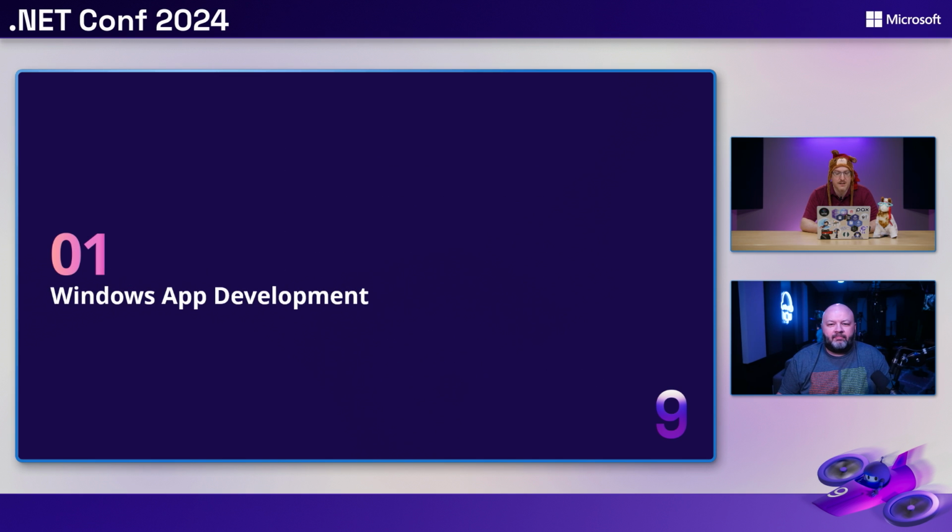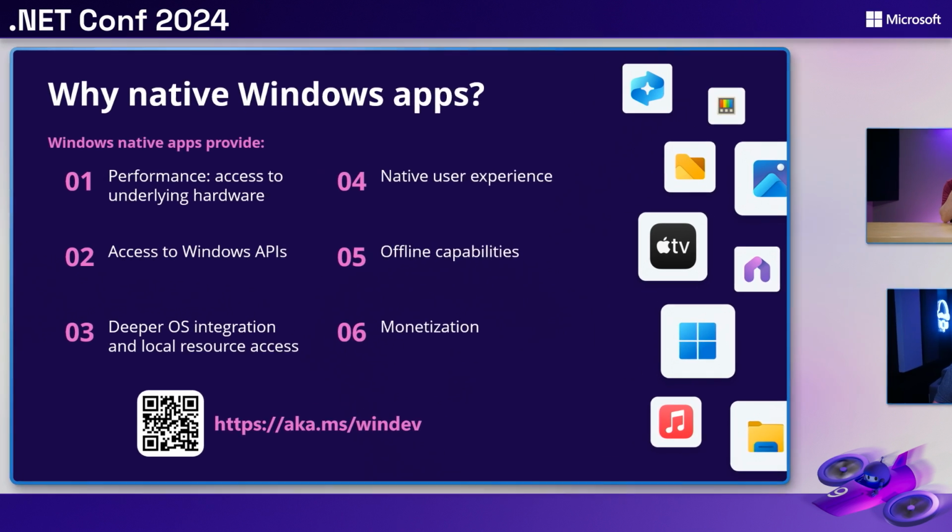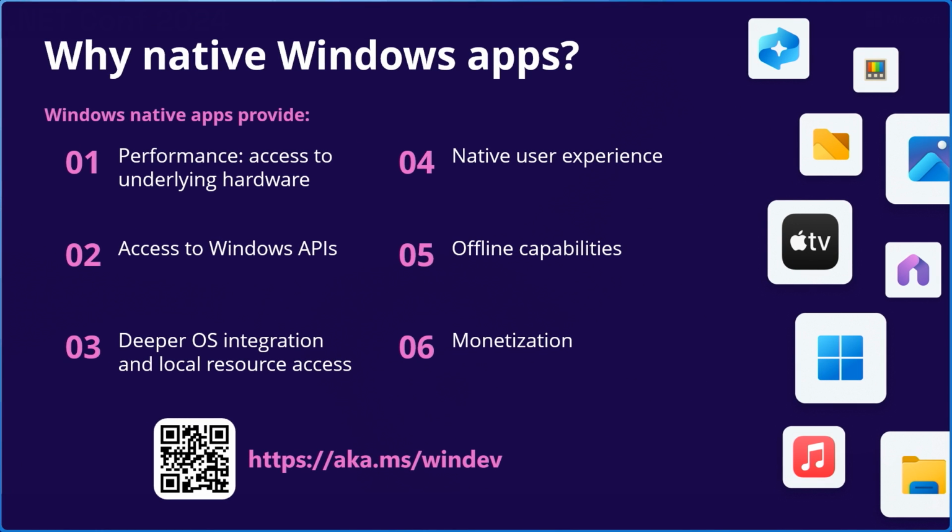So let's dive in. Why do you want to consider Windows app development? Why build native Windows apps? There's a variety of reasons you might want to consider building native apps, just like we see with some of our partners' and community apps and our own apps built on Windows as well. It might be to get access to the underlying hardware and have a performant experience. You might want to access specific Windows APIs.